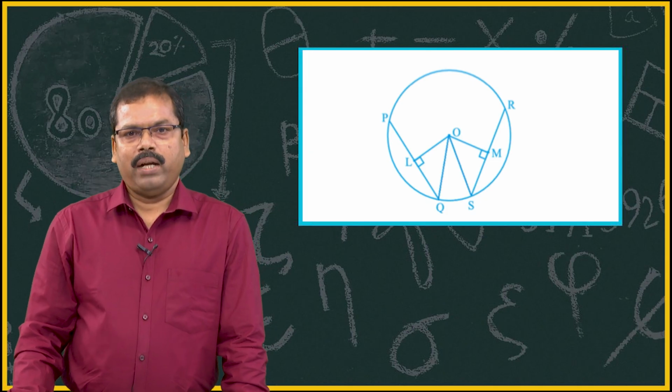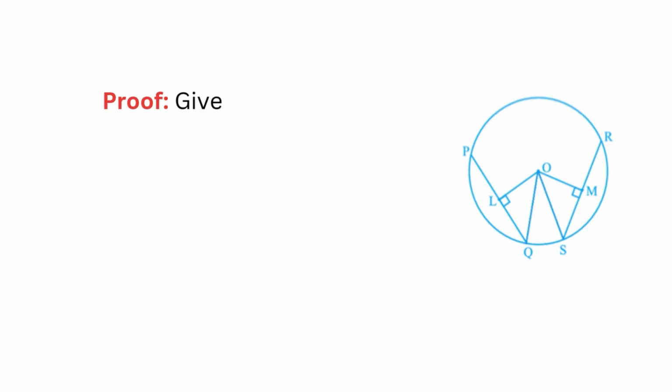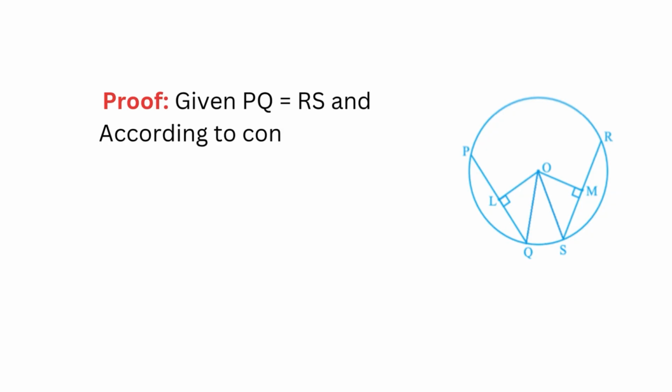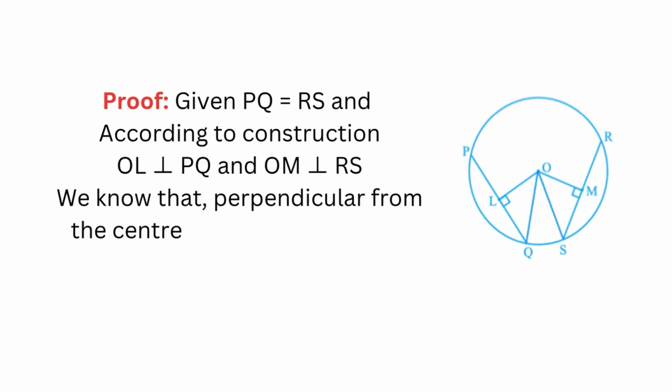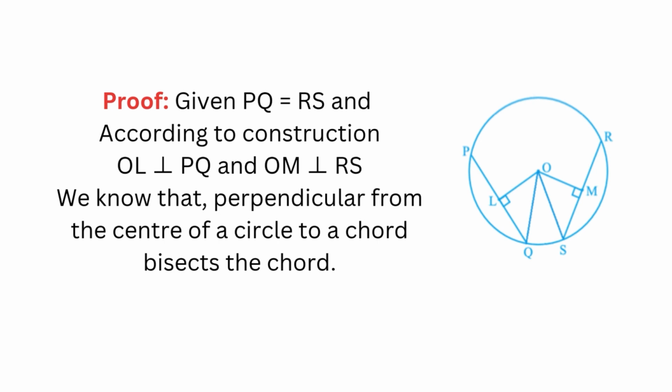Come to the proof part. What is given, students? PQ equal to RS. According to the construction, OL perpendicular to PQ and OM perpendicular to RS. But we know that the perpendicular from the center of a circle to a chord bisects the chord.